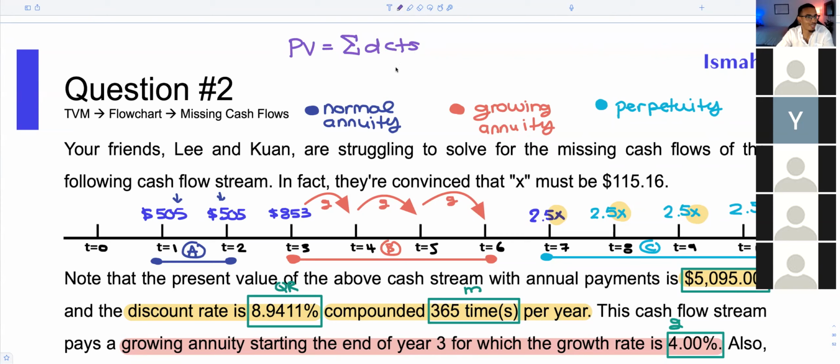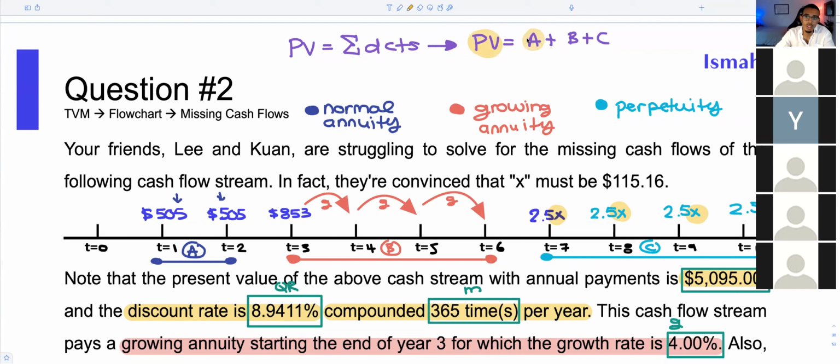And in this case, we broke down all of its future discounted cash flows for this question as PV equals part A plus part B plus part C. Technically, can we all agree that we already have our present value? Is that already a number that we have? Yeah, we already have our present value.